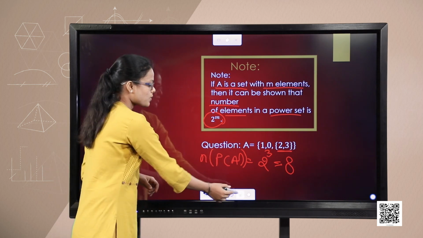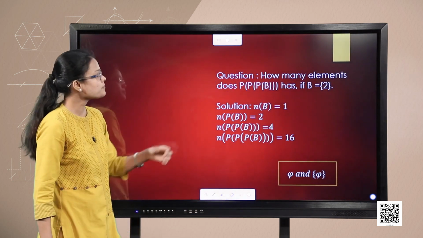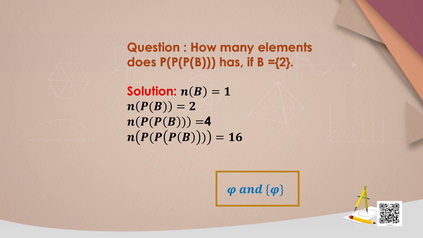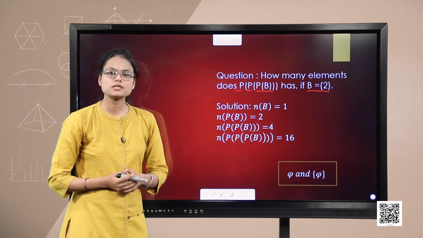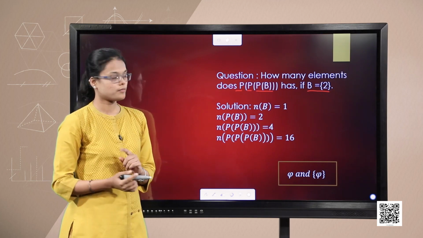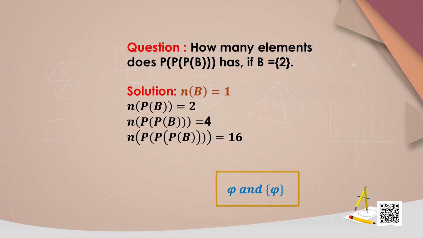Now, let us take one more question on power set. How many elements does the power set of the power set of the power set of B have, where B is a singleton set consisting of element 2? How many elements are there in B? 1. Number of elements present in B is 1. The number of elements present in its power set will be 2 raised to power 1, so this gives us 2.